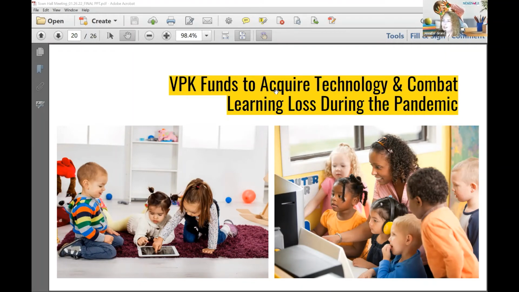We don't know all of the details, but we will be reaching out to you, and whether it's a survey or research, we want to get those materials out to you. First, we have to figure out if we give you a grant and you buy the technology, or if you tell us what you need and you apply and we buy the technology and distribute it to you.